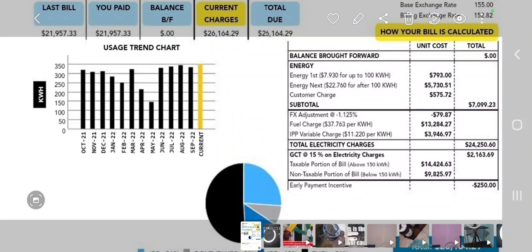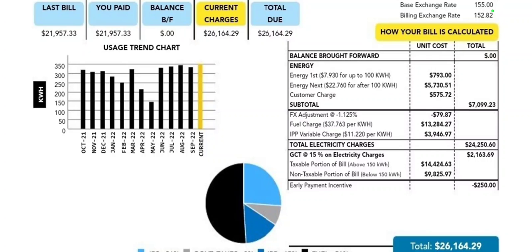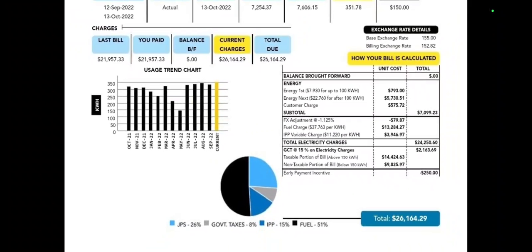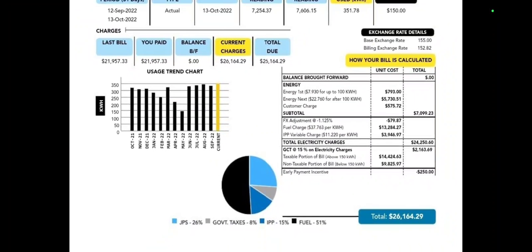That is if they still physically send you a bill, because JPS now moves everything online, so now they will only email the bill to you. So that's it. That is your JPS bill explained.